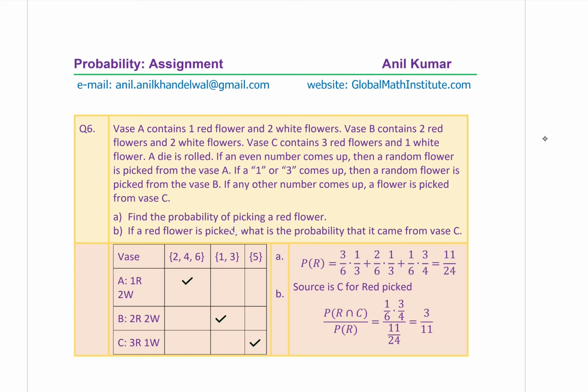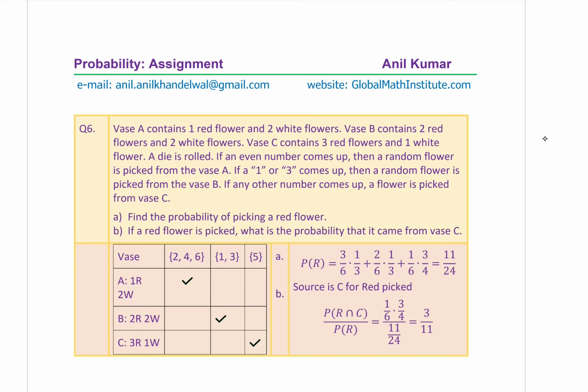We'll find the probability of picking a red flower. So a red flower will be picked based on what is the number on the dice. Correct? So if the number is 2, 4, or 6, what is the probability of this? 3 numbers out of 6, right? In that case, you pick a flower from vase A. And in vase A, there's only one red out of a total of 3 flowers, right? 1 plus 2.